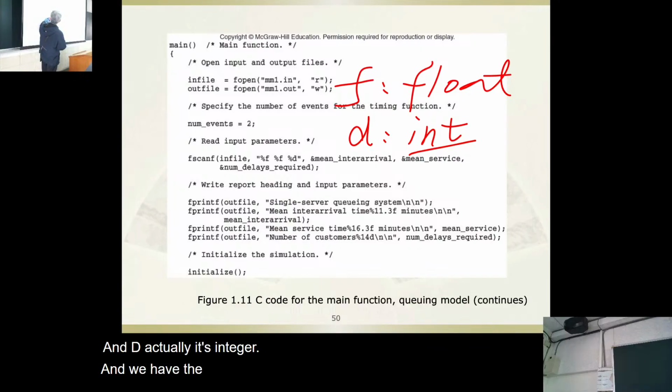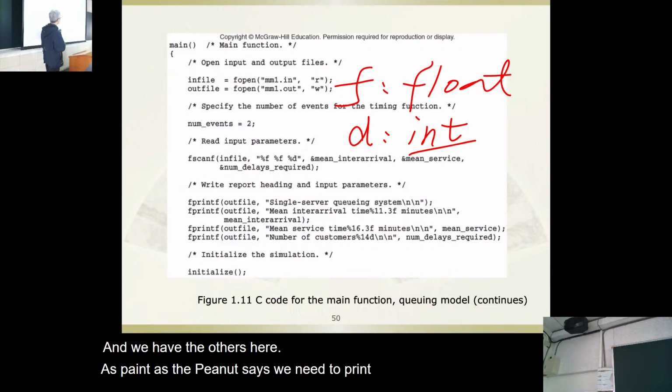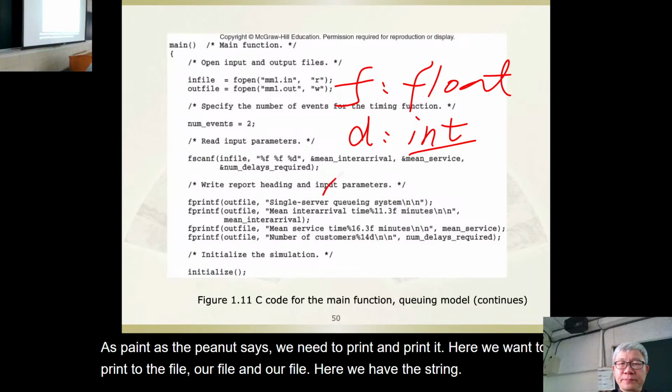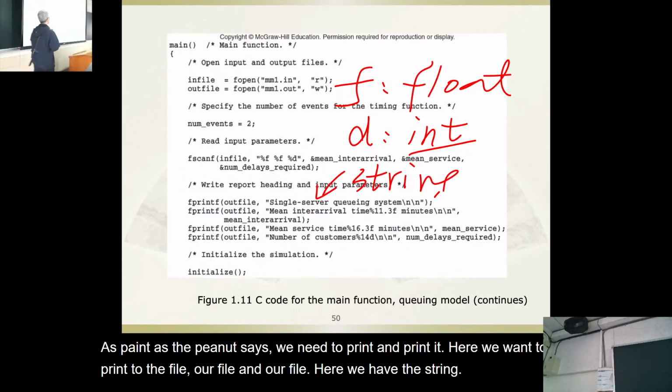And we have the others. Here, fprintf. So printf says we need to print. And fprintf says here we want to print to the file, our file. And in our file here we have a string. String says some sentences.